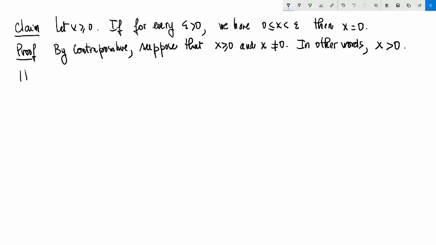Okay, next I will let epsilon be equal to x over 2, then clearly epsilon, which is x over 2, is less than x, right?